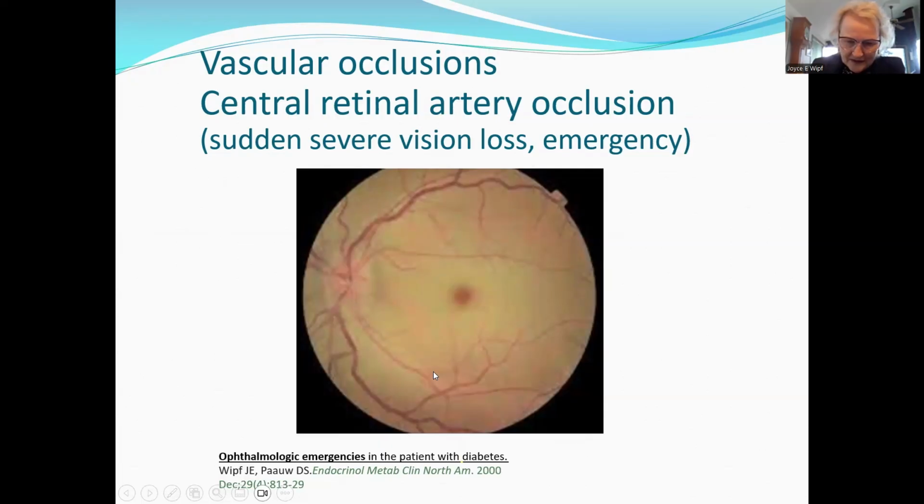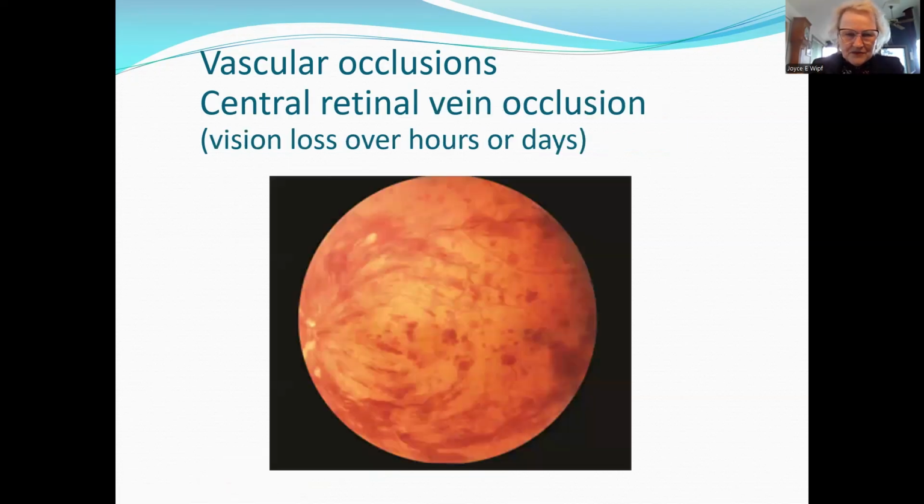The macula, which we're seeing right here in the center of the image, shows what's called a cherry red reflex because there's other vascular supply to the macula, whereas the rest of the retina is very pale. It doesn't look that dramatic, but it is very dramatic: sudden, severe, if not complete vision loss on that side. And that's an emergency.